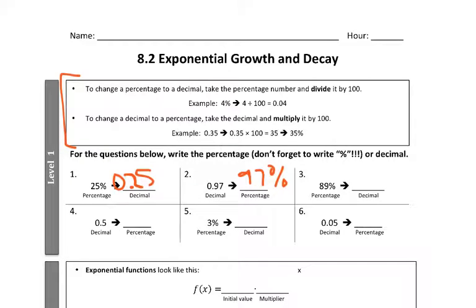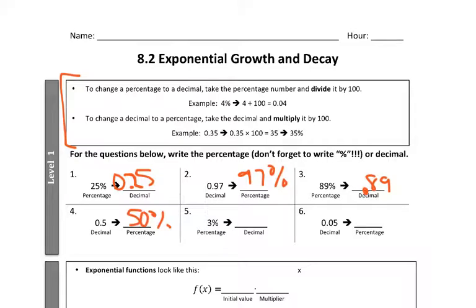Percentage 89%, so 89 divided by 100 is 0.89. Now you want to be careful with number 4, especially if you're starting to see a pattern. 0.5 turned into a percentage: most people would naturally write 5%, but if you're using your calculator and being careful, that's 50%.